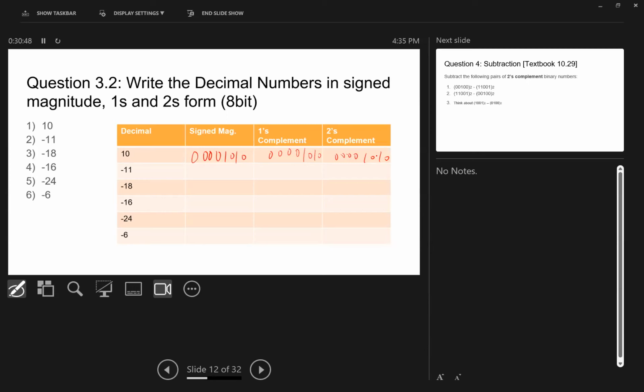We first divide 11 by 2, and we get the remainder and the result of this division. Then we use the result and divide it by 2 again, until the division result is 0, right?